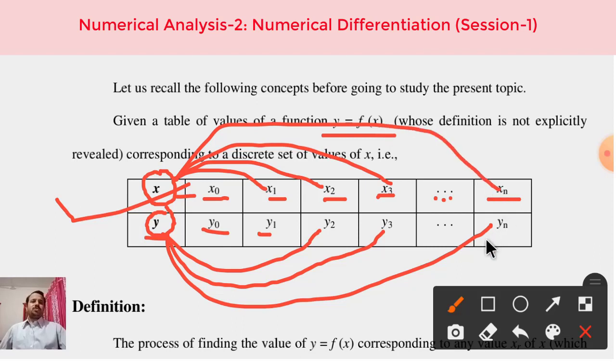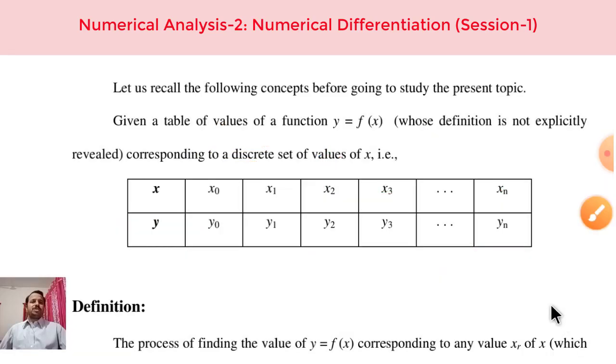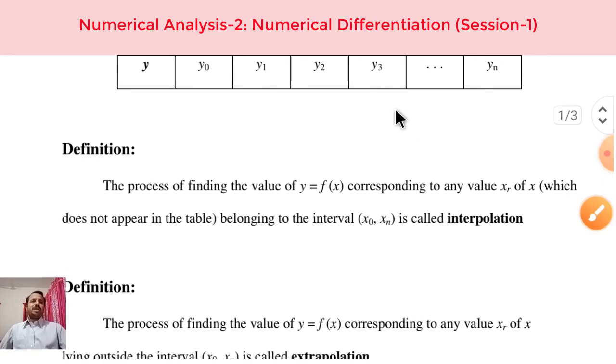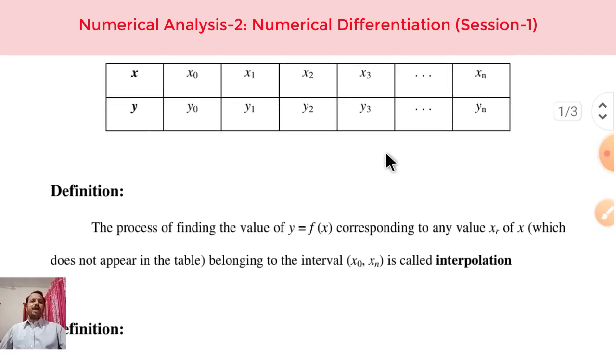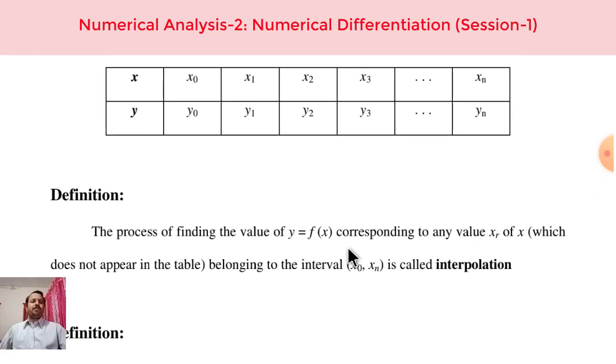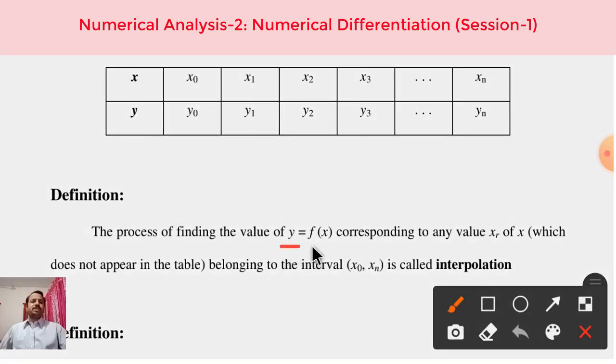So we have a discrete set of values of y at the discrete set of values of x. With the help of this table, we can now estimate the value of y corresponding to any value of x, that is xr.